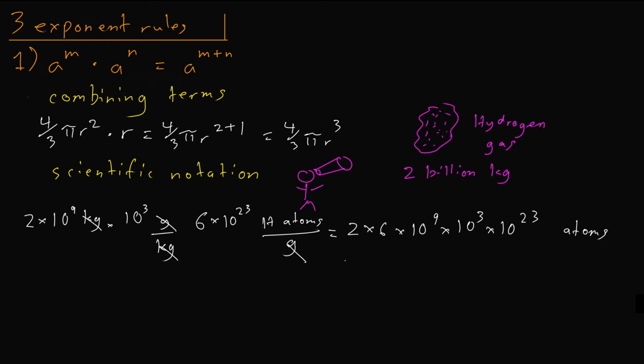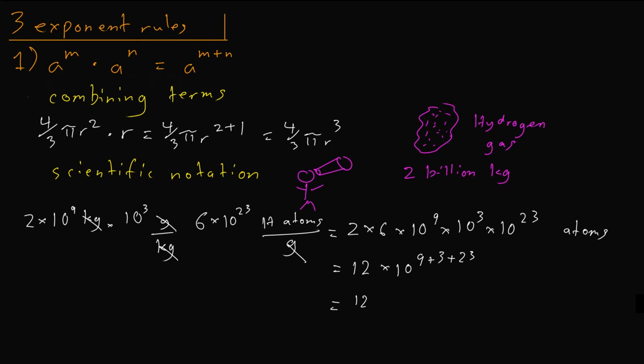We can do this math. This is going to equal 12 times 10 to the, now we're going to just follow this rule, right? So we're going to add up all of these exponents. It's going to be 10 to the 9 plus 3 plus 23, just like that. And we can then just do this sum.